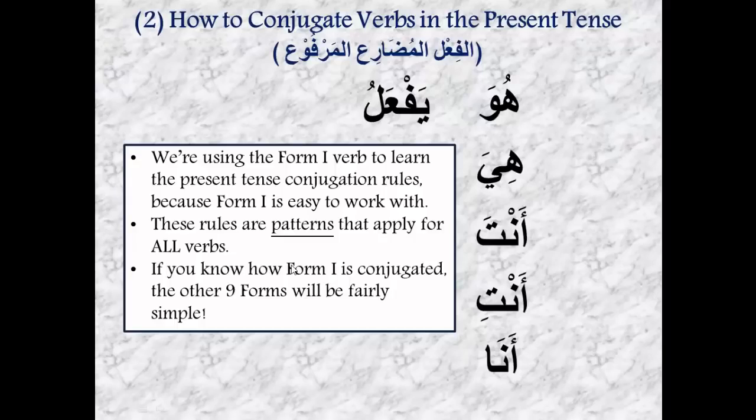So the verb yaf'alu, huwa yaf'alu, is in the present fi'l mudari' marfu' tense. This means he does. And just like with the past tense verb, we can have a different middle vowel. So we can have yaf'alu with a fatha, or yaf'ulu with a dhamma, or yaf'ilu with a kasra. And this variability cannot be predicted.